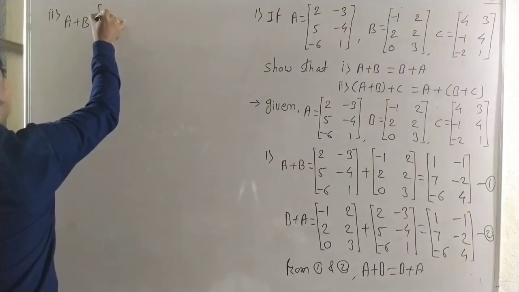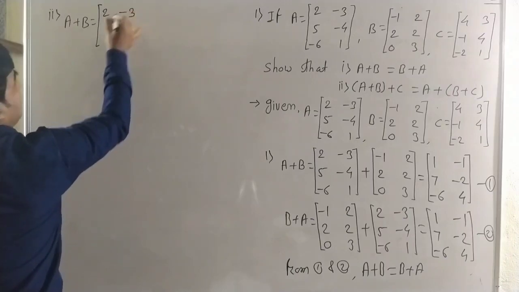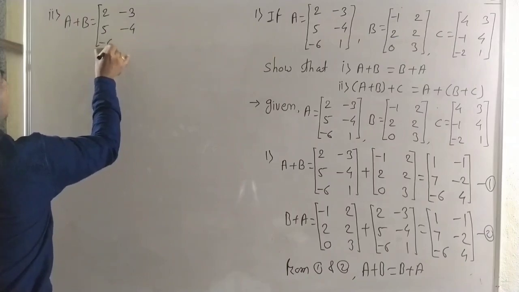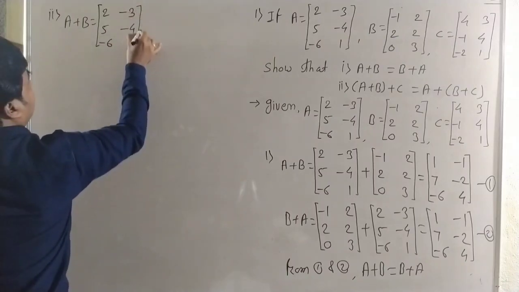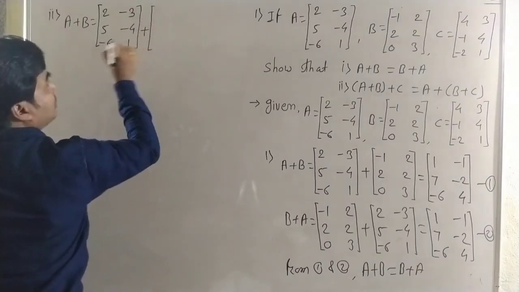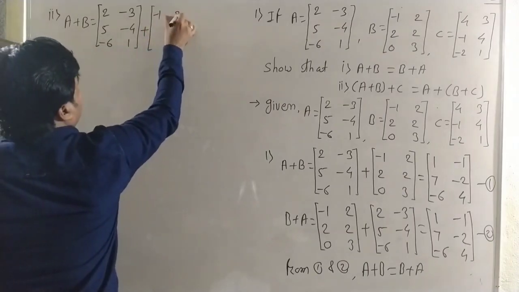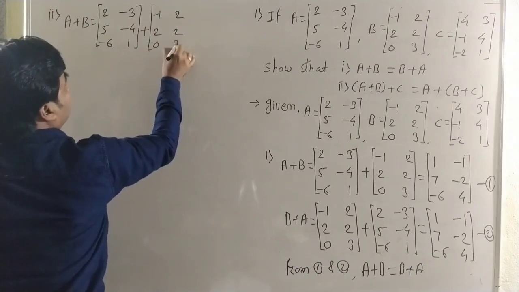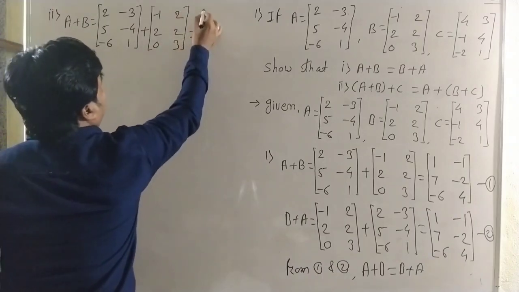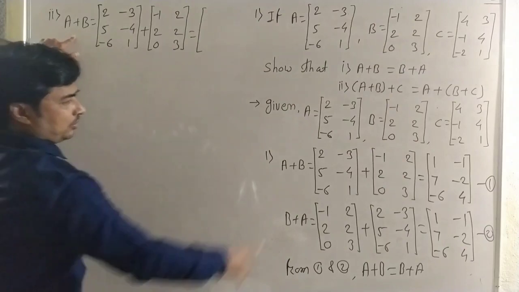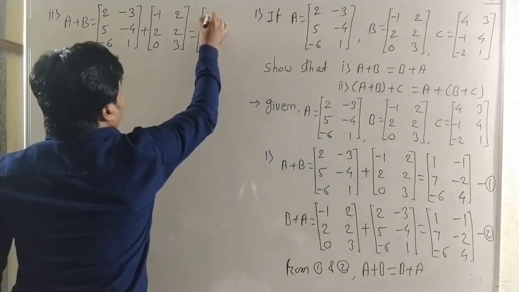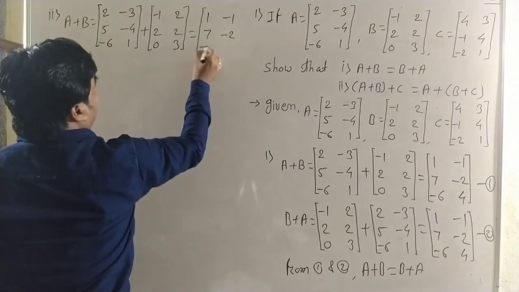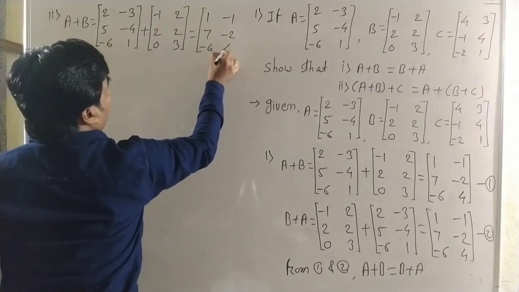A is 2 minus 3, 5 minus 4, minus 6 1, plus B, minus 1 2, 2 2, 0 3. And A plus B we already found: 1 minus 1, 7 minus 2, minus 6 4.